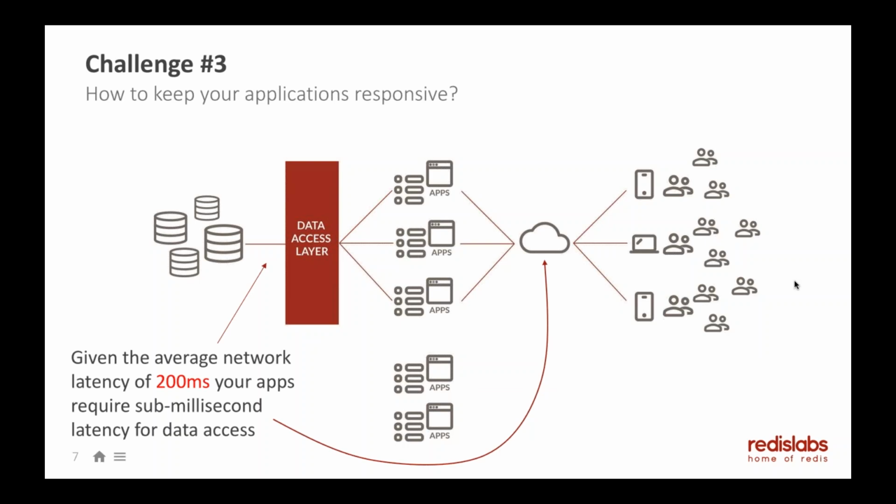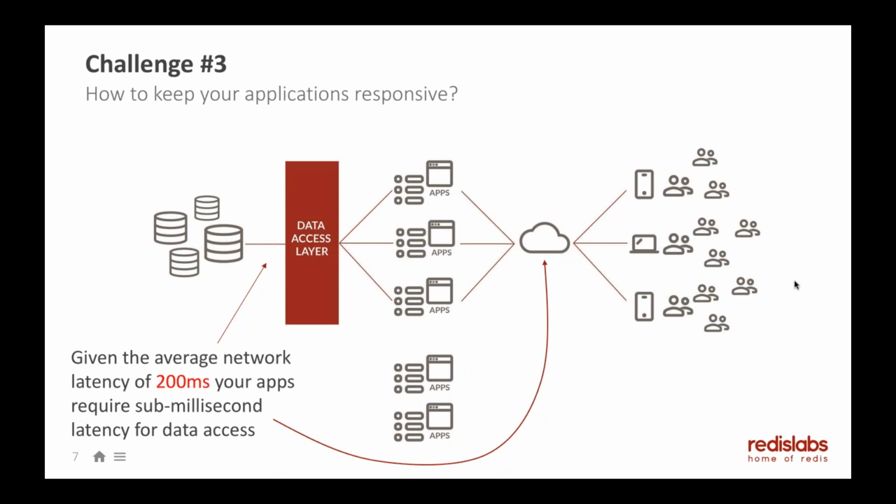Challenge number three has more to do with how people interact with apps. We live in an on-demand world, and people want a quick response. They ask for it, and they want to see it quickly. Some studies have shown that for a highly engaging app, the maximum latency you can have is about 200 milliseconds.